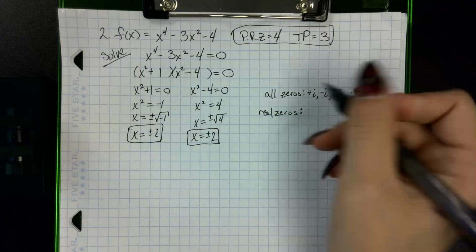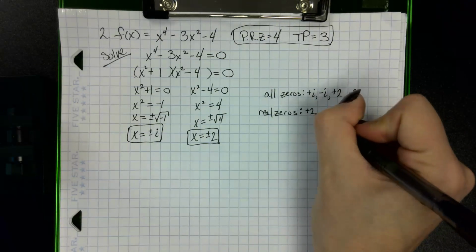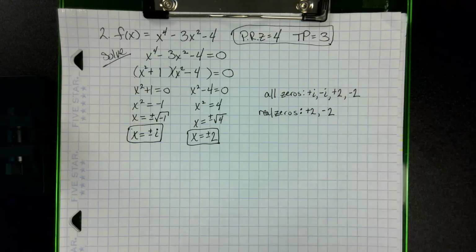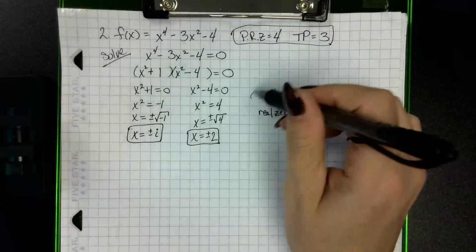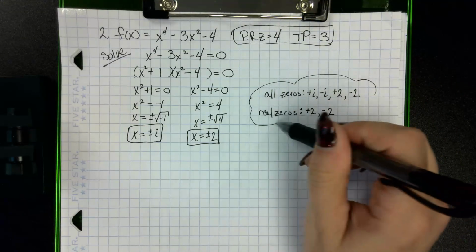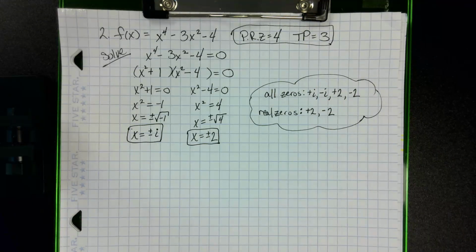I would just be graphing positive 2 and negative 2 as my zeros. So that's just, like I said, a little side note. The difference between all zeros and real zeros. If it's just asking for real zeros, you leave off the imaginary ones, because you can't graph those.